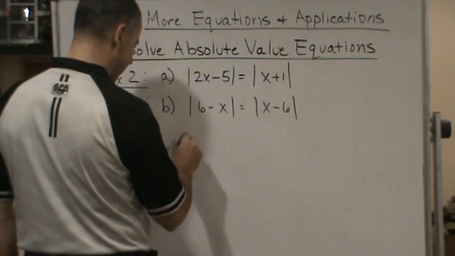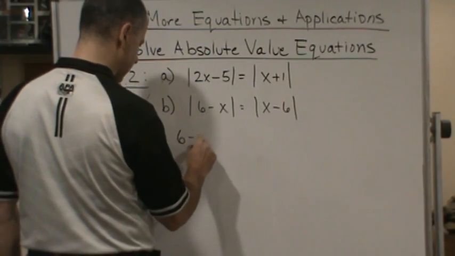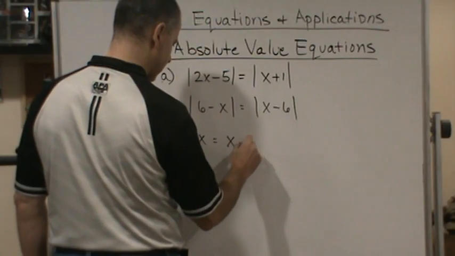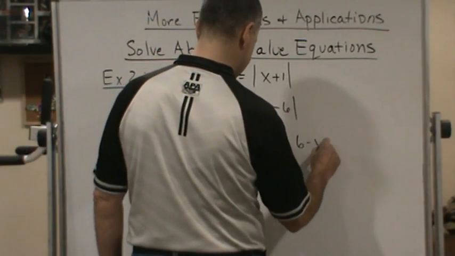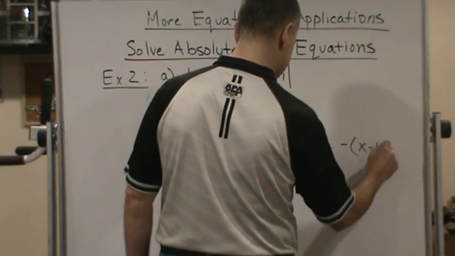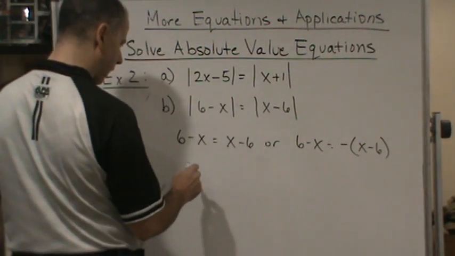Again, we're going to apply the equivalency. That tells us that 6 minus x is equal to x minus 6, or 6 minus x is equal to the opposite of x minus 6. So in this case, what do we get?